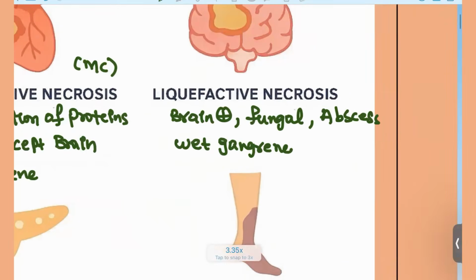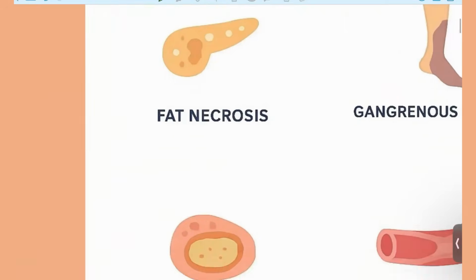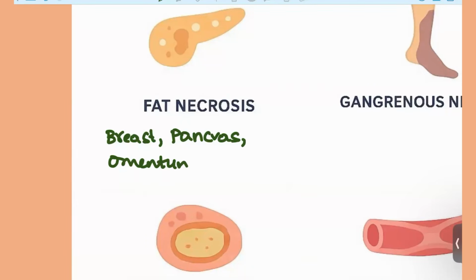Because this is most commonly seen with enzymatic damage. Next, fat necrosis is commonly seen with fatty tissues, like the breast, the pancreas, and the omentum. These are the organs associated with fat necrosis.